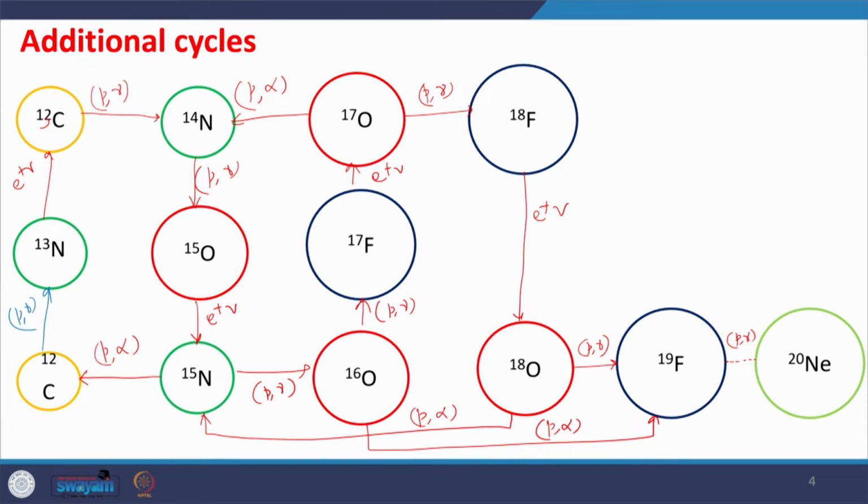So overall we can see cycle 1, cycle 2, cycle 3, and this is cycle 4. These 4 different cycles can happen within the CNO cycle depending on the availability of different nuclei.